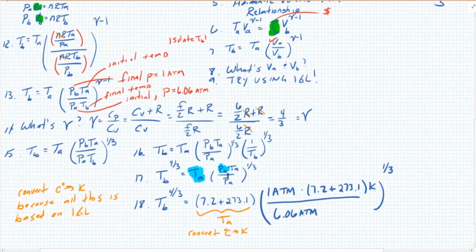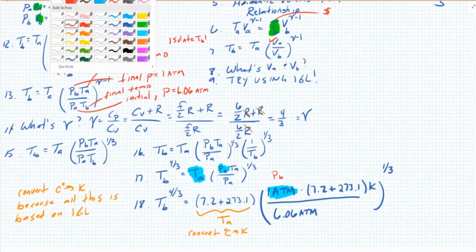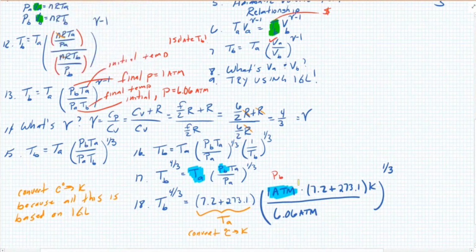PB, which is the pressure that I end up at, that was 1 atmosphere. So that is PB, got it. TA was my starting out temperature, just sitting there in that champagne bottle. It started off at probably room temperature or much warmer. So TA right here, this is my starting out temperature.